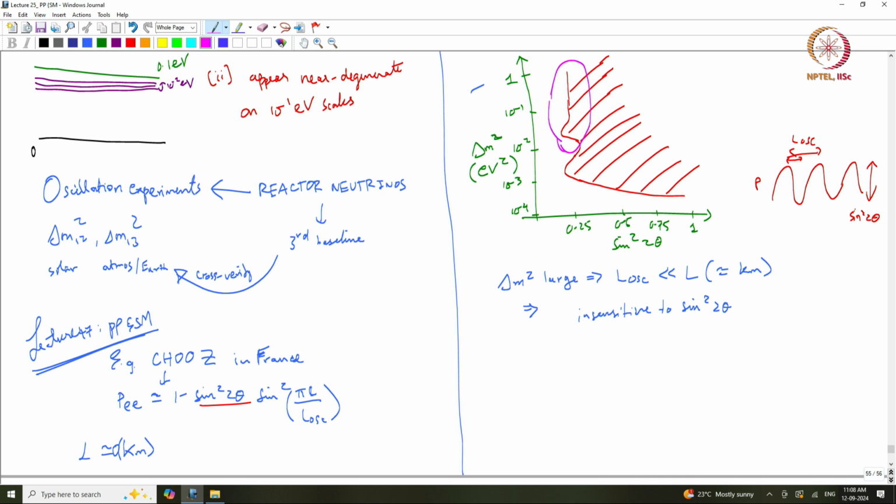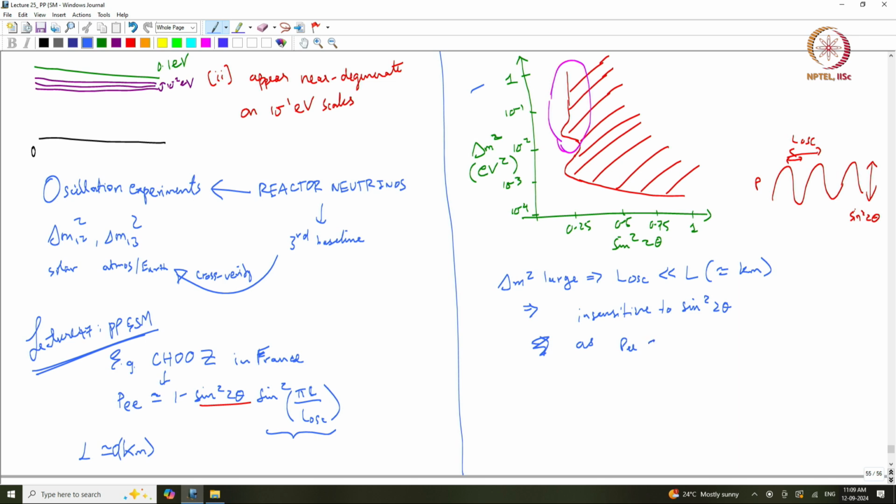So, let me rephrase that, sorry, this is because now if L oscillation is much smaller than L, this goes to some constant value, right. And remember, this was the fast oscillation regime basically, correct.